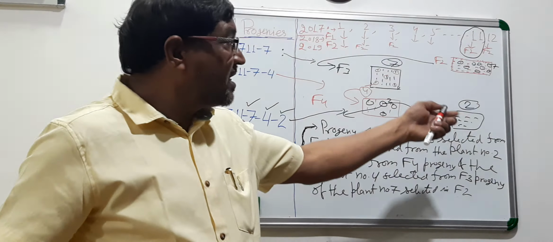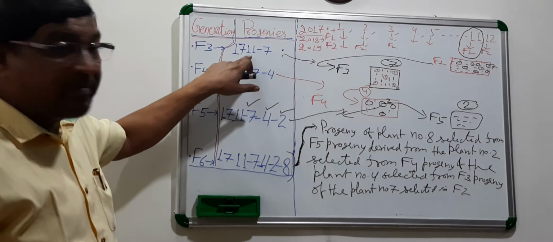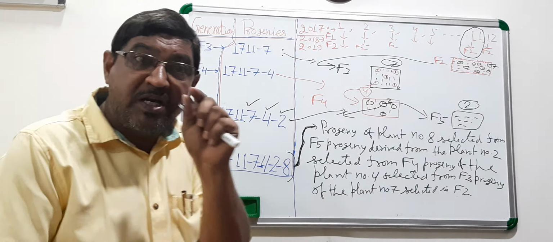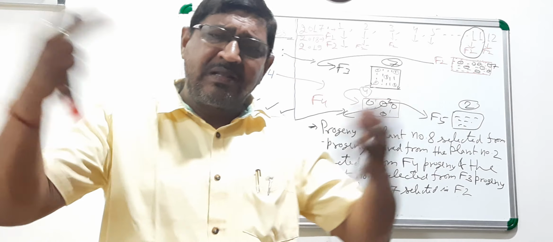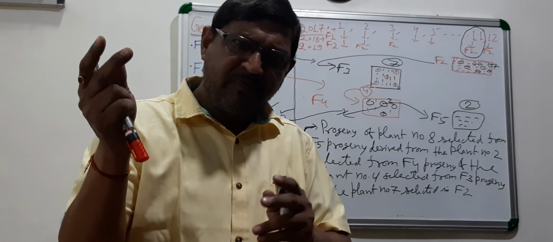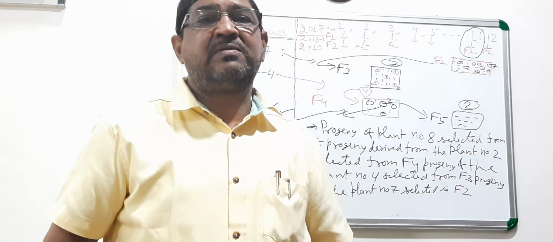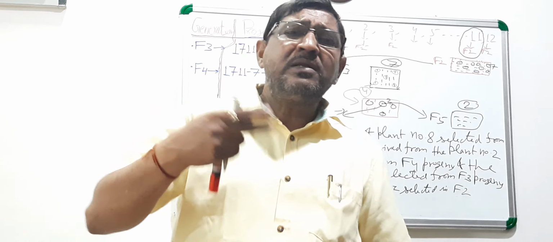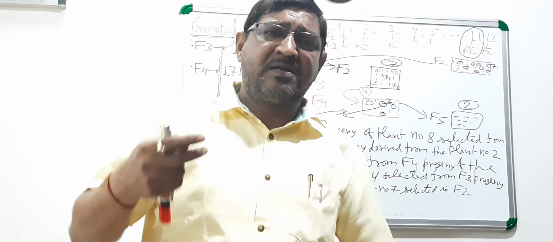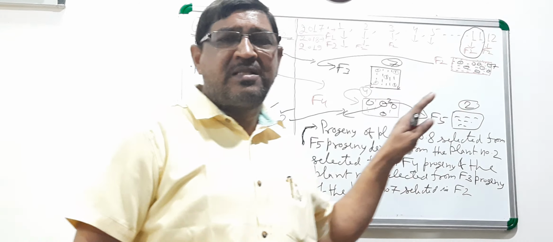Both are there, that is why I have selected it as a transgressive segregant. So while maintaining the pedigree record, these two traits you should mention, not all the traits, only two major traits: large number of effective tillers, and very large panicles. So you can trace back the inheritance of these traits if you are maintaining the pedigree record.